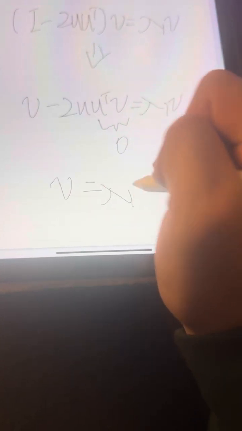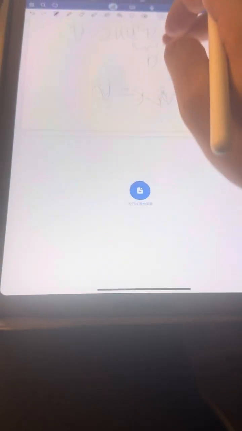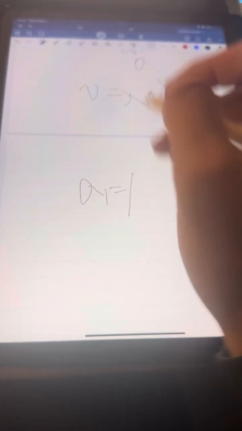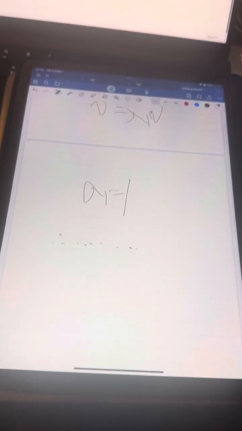So we have V equals lambda 1 V. So it is very obvious that lambda 1 is 1. Okay, we have finished. Thank you for listening.